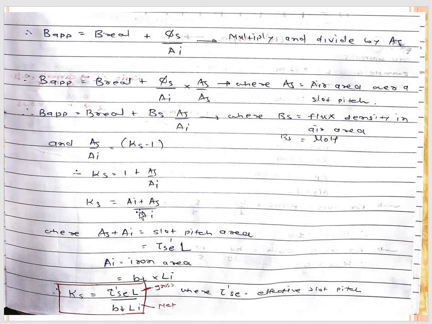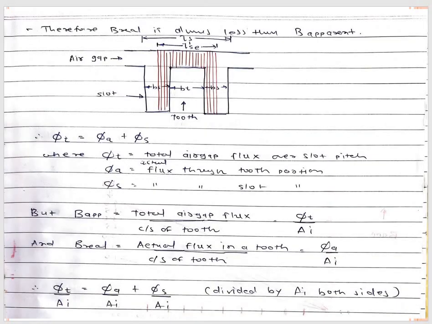So the value of Ks is given by AI plus AS. Take the LCM of this term. So it will give us AI plus AS divided by AI, where AS plus AI is the slot pitch area, where AS is the slot pitch area of the air and AI is the area of the teeth.